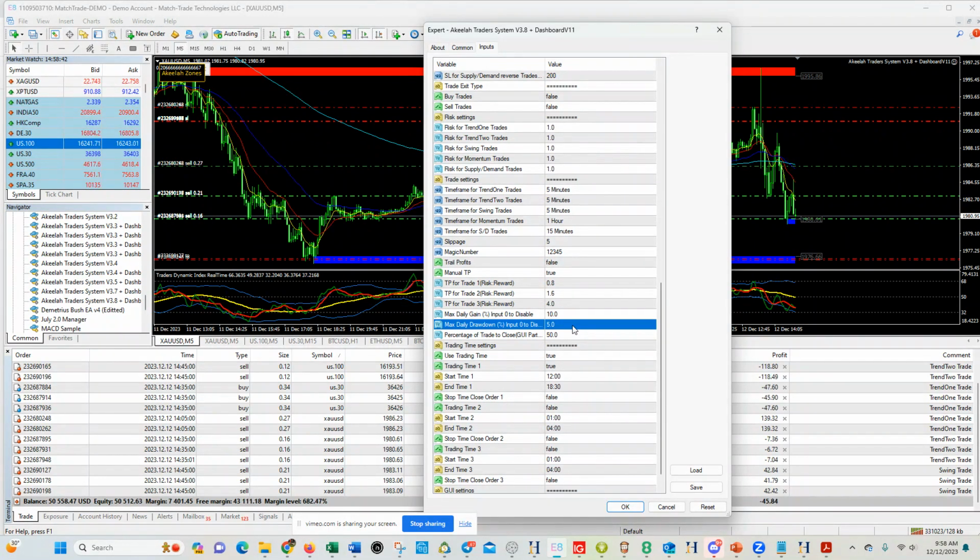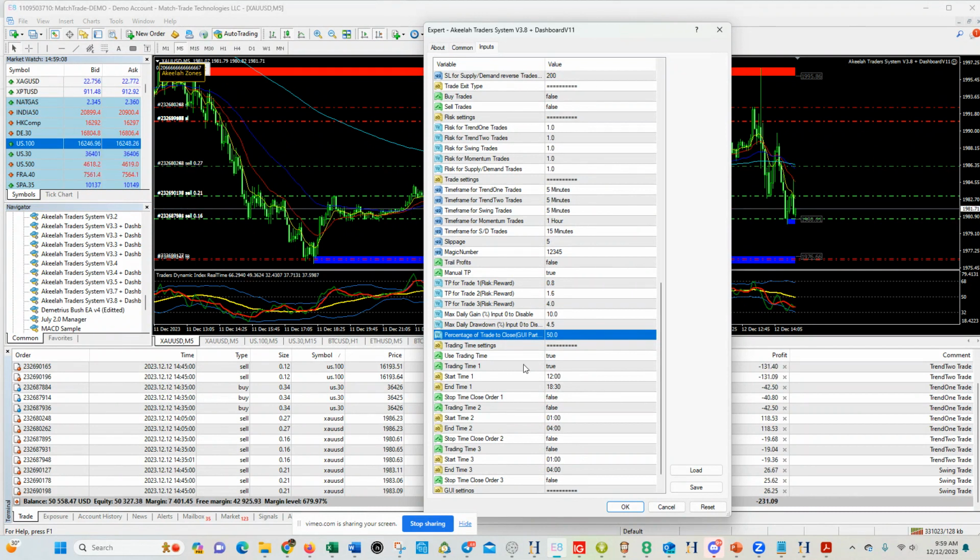Actually, because this is a challenge account, I could have a slight buffer and put that closer to 4.5%. Again, our tolerance is $2,500 within a day, so we're not close to that. But there are times when the market's going to move up and the market's going to move down, and our system is able to help manage that.